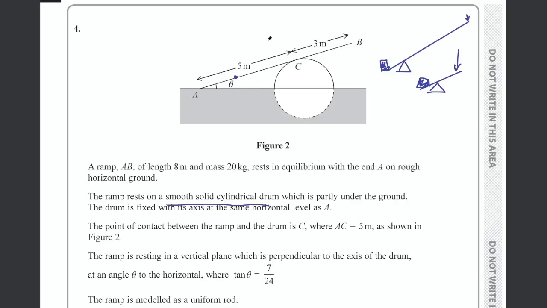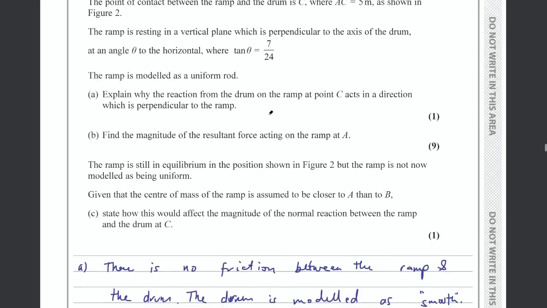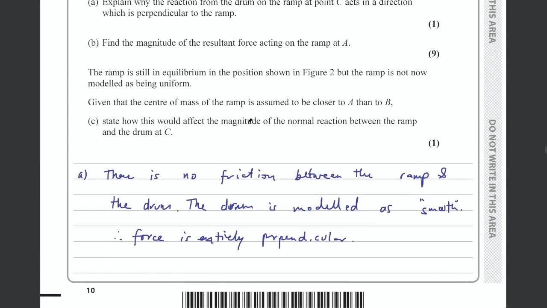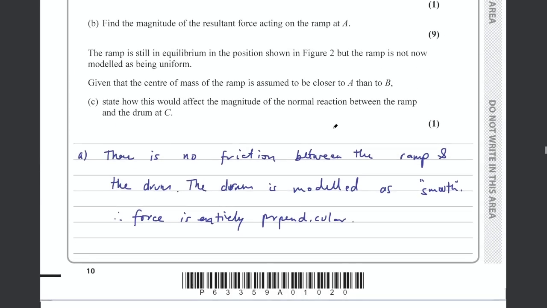So the same principle is going on here. We've moved the center of mass away from C, therefore the forces at C will decrease to keep the rod in equilibrium. So my answer there is the magnitude of the normal reaction force decreases.